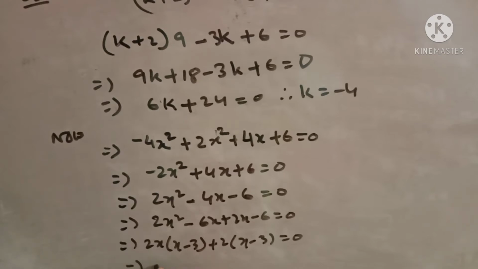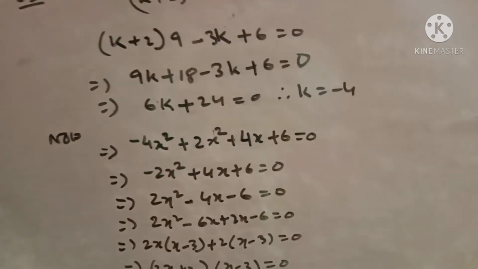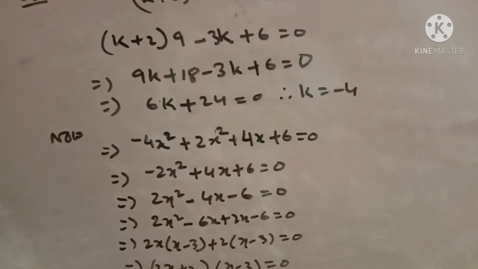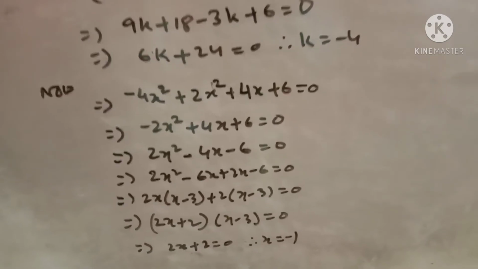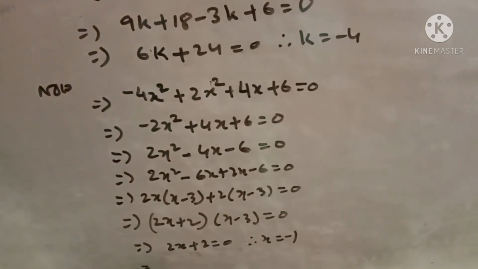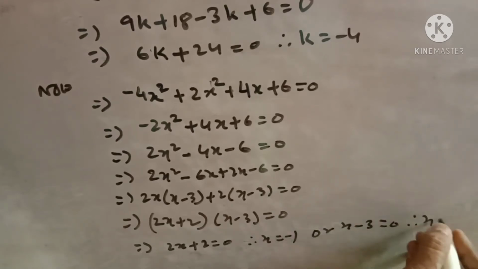So 2x plus 2 and x minus 3 equal to 0. Therefore 2 values will come: when 2x plus 2 equal to 0, therefore x equal to what? Minus 1. x equal to minus 1, and or x minus 3 equal to 0, that time x equal to 3.